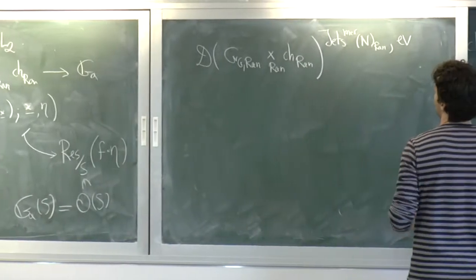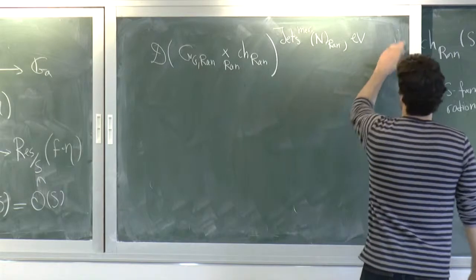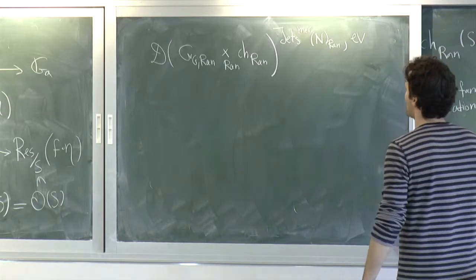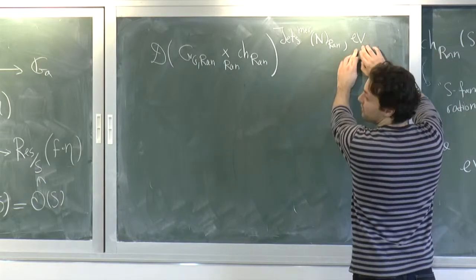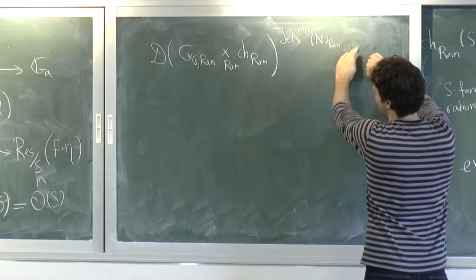All right. So I'm trying to define this beast. Let me say informally what it is. Let me say first what it is without the evaluation. That we know, modulo infinite dimensional stuff.